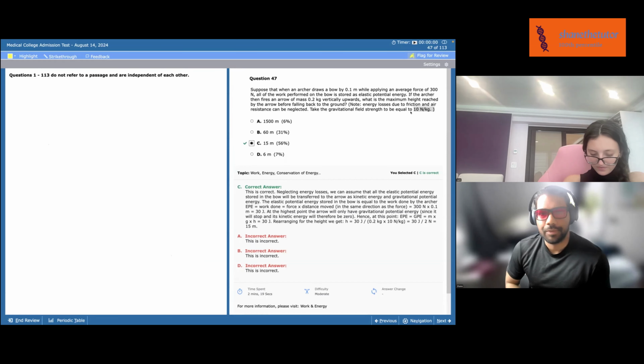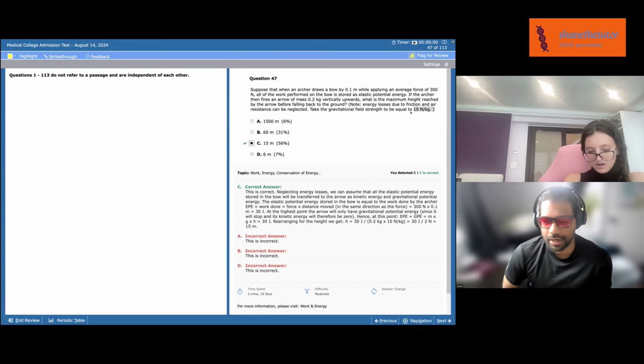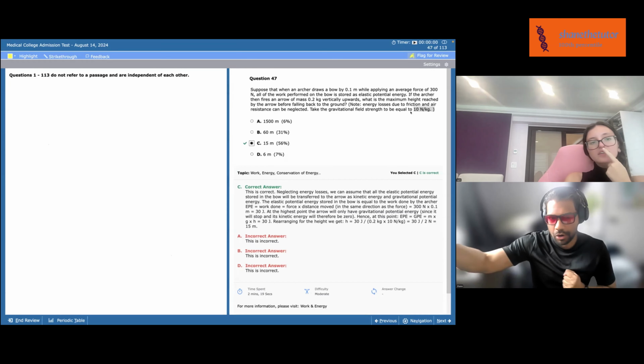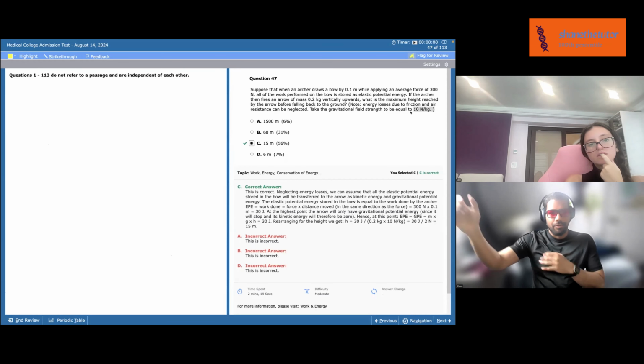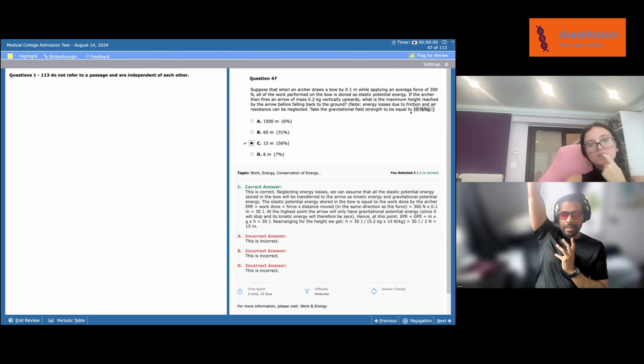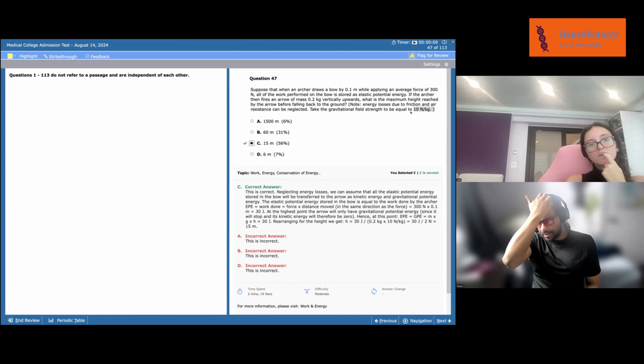So you have the energy stored in the bow, and then when the archer shoots it straight up in the air, you can use that energy you've calculated, and through conservation of energy, because if something goes up, what type of energy does it gain?